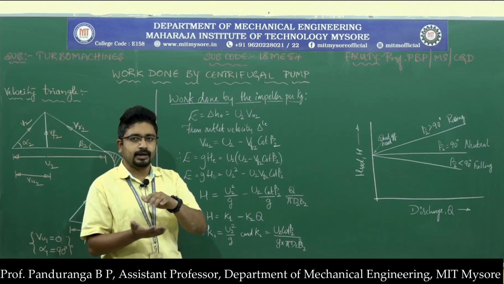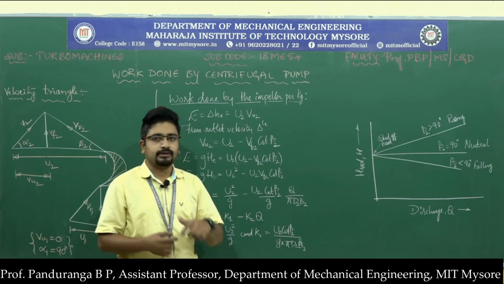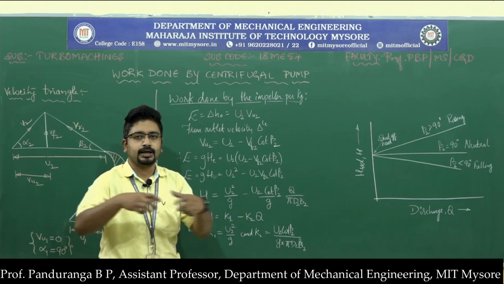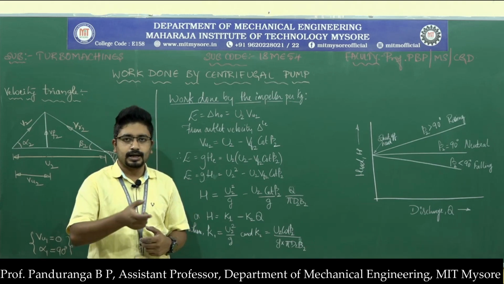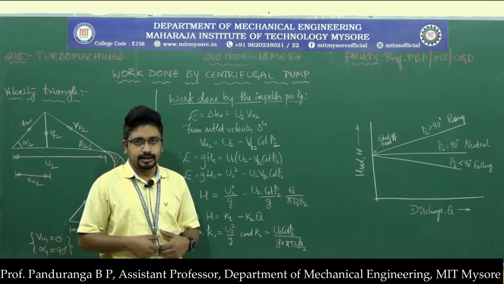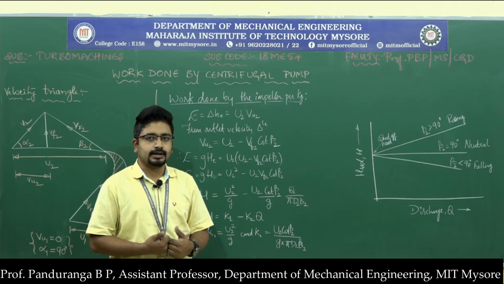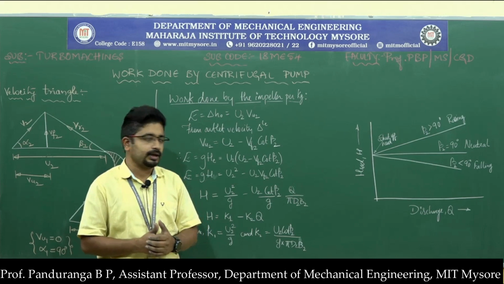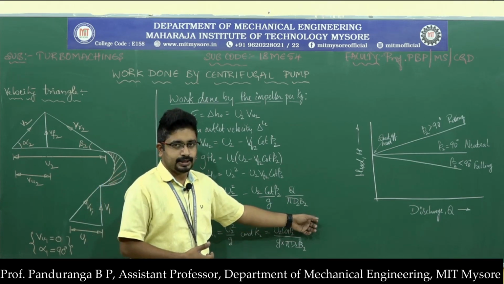So width of the blade multiplied by the diameter multiplied by pi will give us the flow area available at the outlet of the impeller. If you see an actual impeller at the outlet, the area will be a cylindrical area. So the surface area of the cylinder needs to be calculated to get the area at the outlet, and that is given by pi d2 into b2.